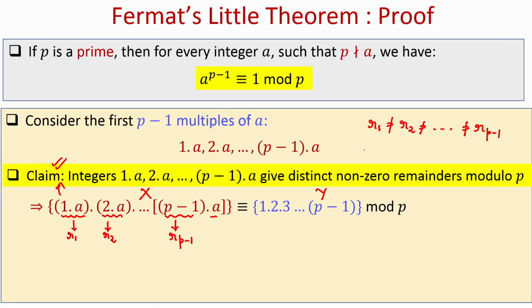And all these remainders R 1, R 2, up to R P minus 1, are the remainders obtained by dividing a value by P. So, the possible remainders that you can obtain could be 0 to P minus 1, but 0 is not a possible remainder as per the claim statement, right. We are not going to get a 0 remainder. That means, the only remainders that I can obtain are 1 to P minus 1, and at the same time they are distinct. So, that means definitely out of these P minus 1 remainders, one of the remainders is definitely 1. Out of these P minus 1 remainders that we are getting, one of the remainders is definitely 2.